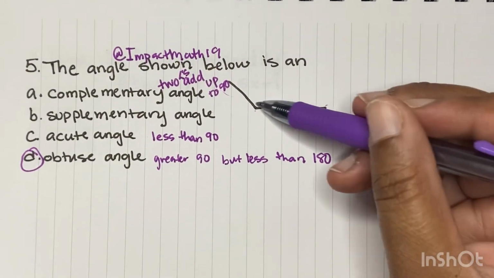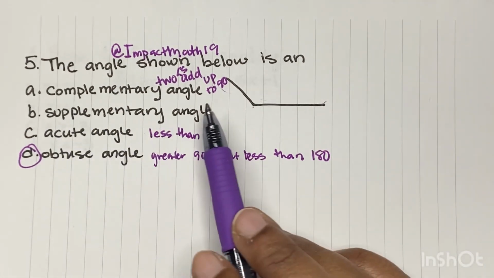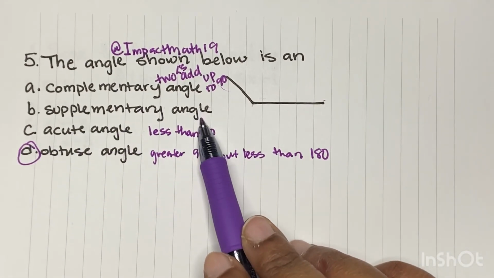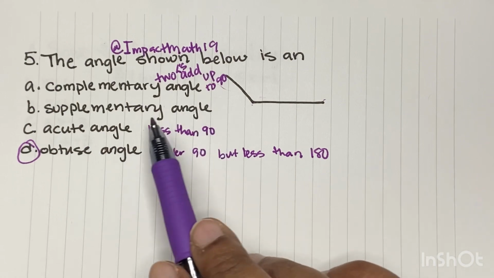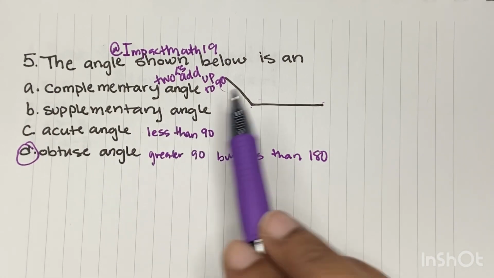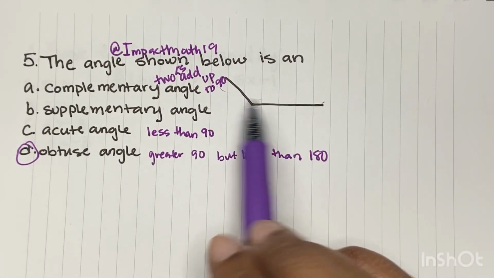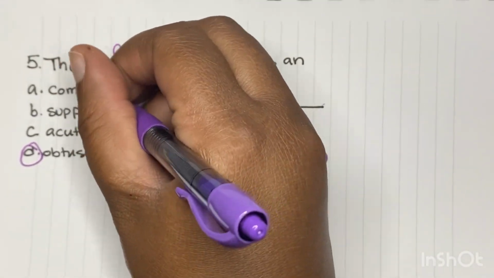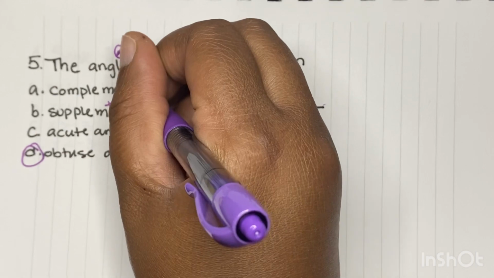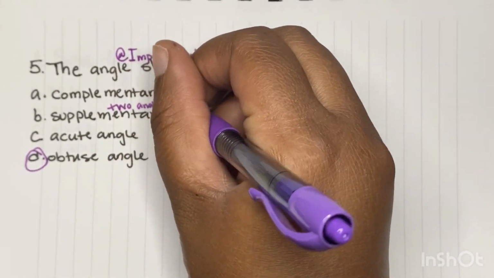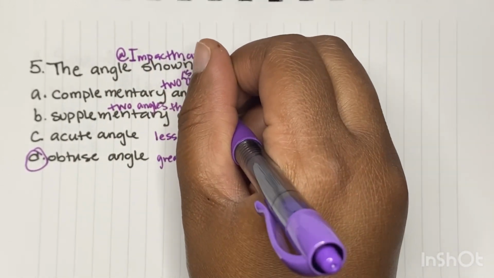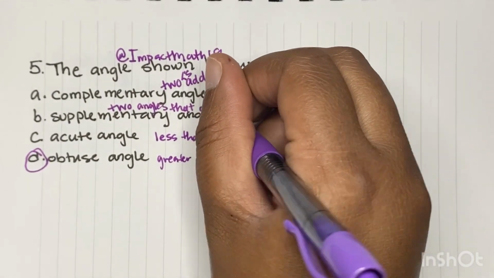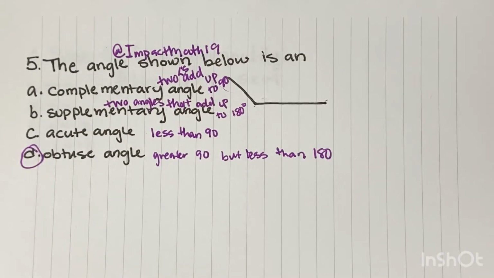And this is way bigger than 90. Now, supplementary angles, some people might get confused here because they think of 180, but this is less than 180. 180 would have to be a straight line. So supplementary is two angles that add up to 180.